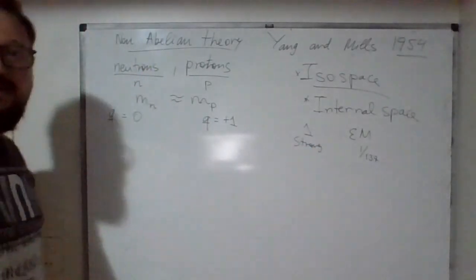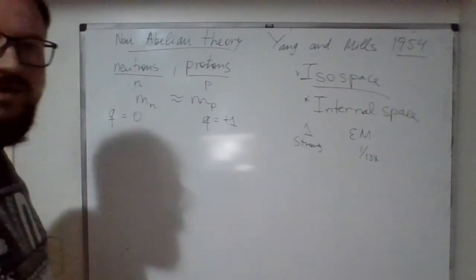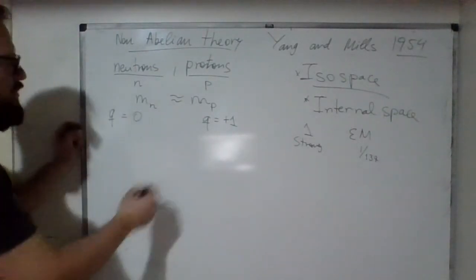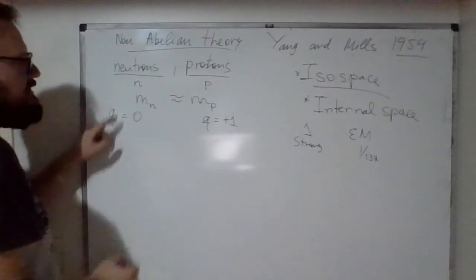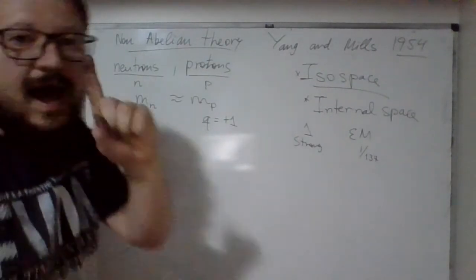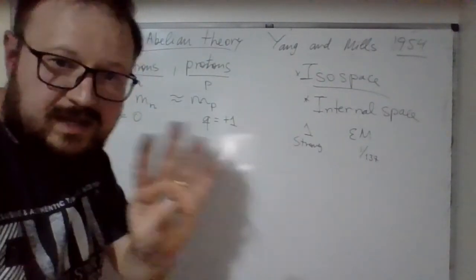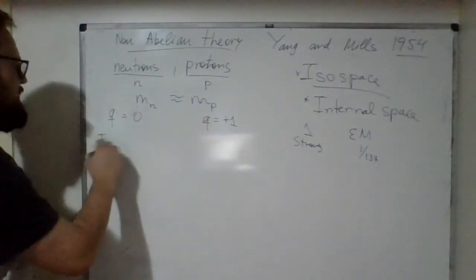But they thought they could mix these objects. So you would interpret it as an isospin. It's not the true spin of the particles. So an isospin.